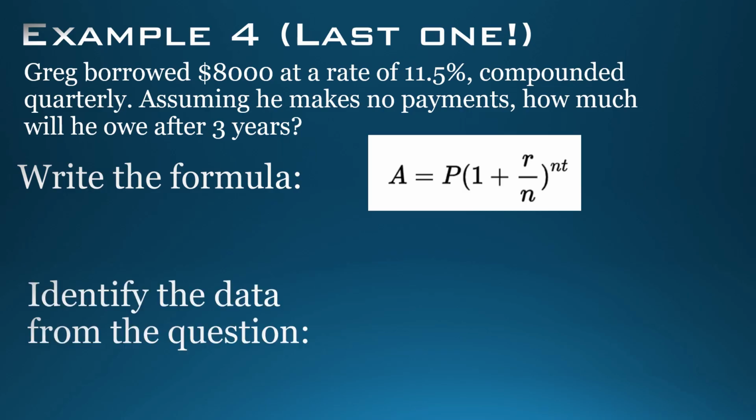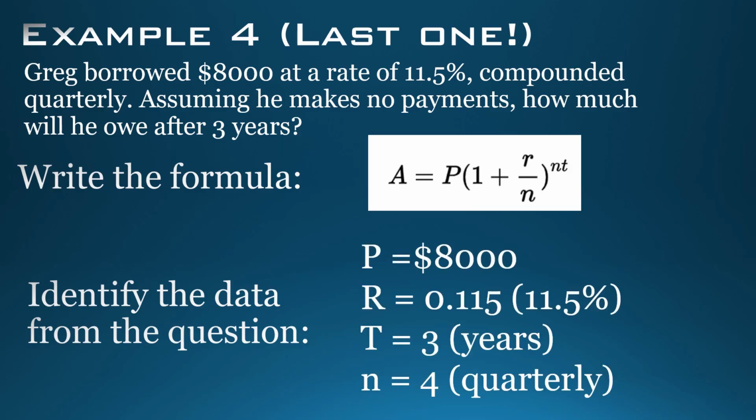So we're going to identify the data from the question so we can do this right. The principal, again, is $8,000. That's the amount he borrowed and started with. The rate is 11.5%, so we write that as 0.115. The time is 3 years. And the number of times it is compounded is quarterly.